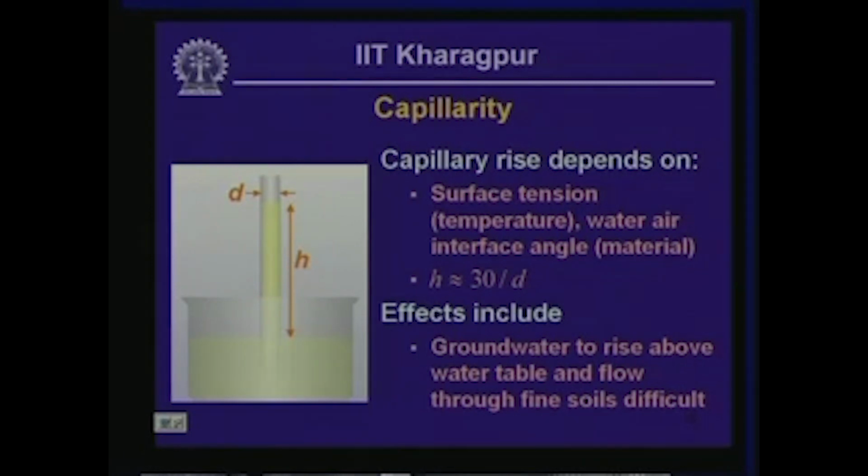So capillary rise depends on the surface tension, and because surface tension of water depends on temperature, the amount of capillary rise will also depend on temperature, and it depends on the water-air interface angle, which is a material-specific value. Typically though, the height of capillary rise is approximately equal to 30 divided by the diameter of the tube through which the capillary rise is taking place.